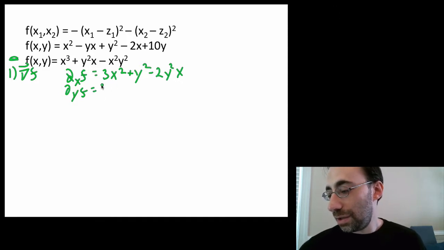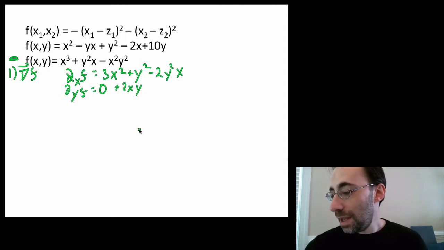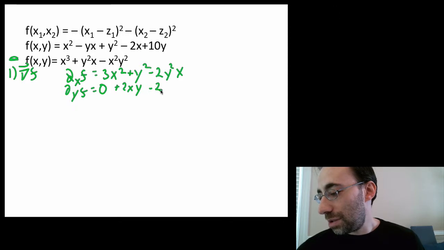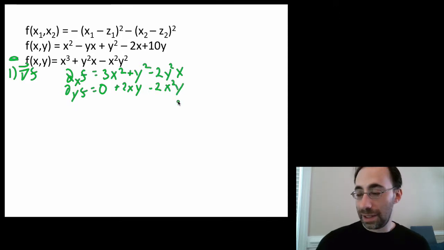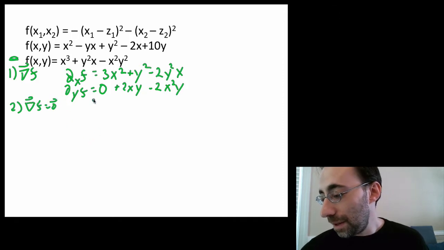The first term is 0 because there's no y there, plus 2xy because x is a constant, and minus 2x squared y, since again x squared is a constant. Step 2, set equal to 0. Well, that gives us 2 equations. They're not linear equations.